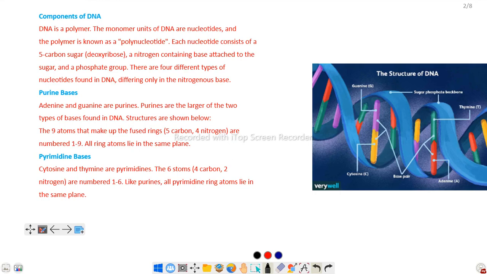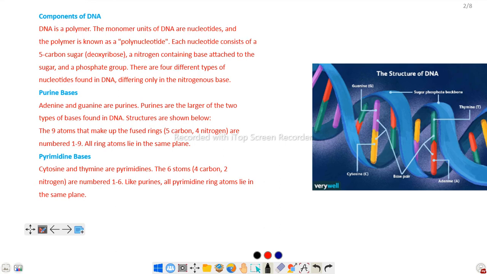Next are the components of DNA. As I said, DNA is a giant molecule made up of components like nitrogenous bases, pentose sugar and phosphate group. DNA is a polymer. The monomeric units of DNA are nucleotides and the polymers are known as polynucleotides.